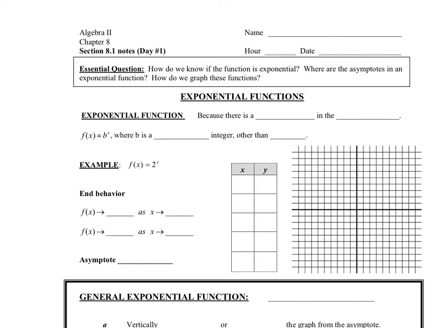Because there is a variable in the exponent, the most basic exponential function would be f of x equals b to the x power, where b is a positive integer other than 1.